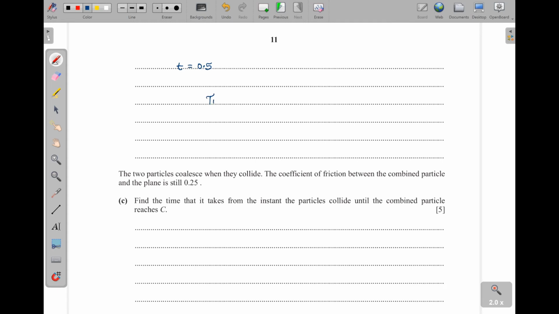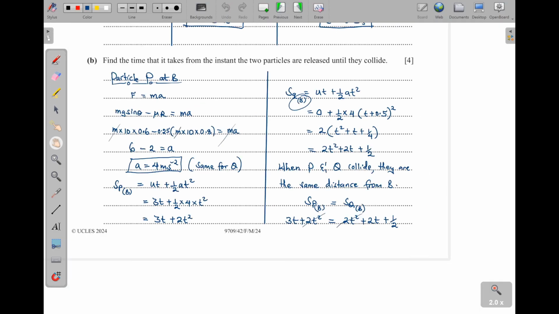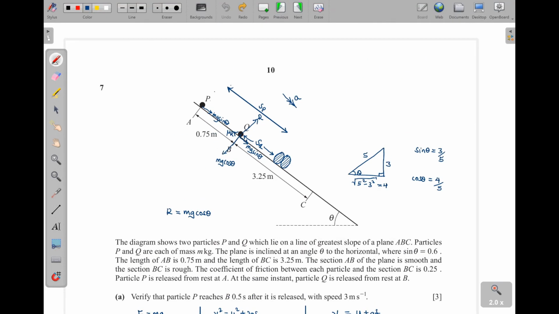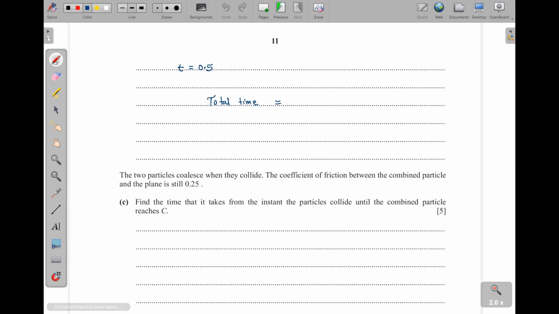Now the total time is going to be equal to, remember, P took 0.5 seconds to move from here to here. That is 0.5. Then it has also taken 0.5. So we add those two times, 0.5 plus 0.5, which is equal to 1 second.